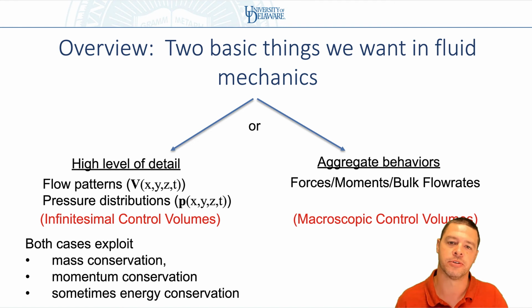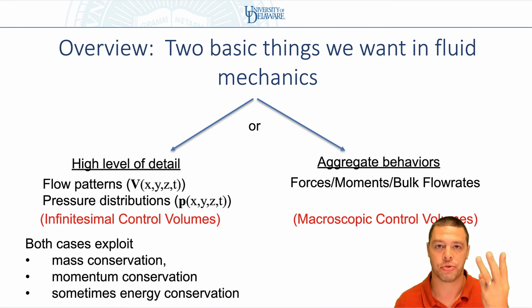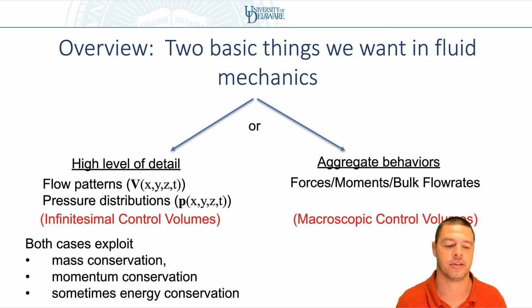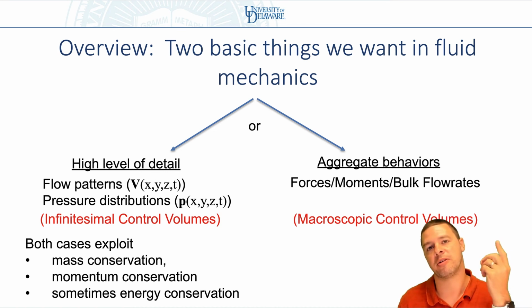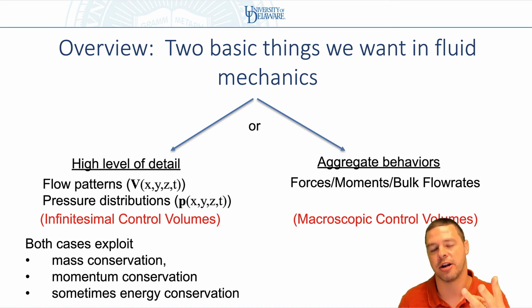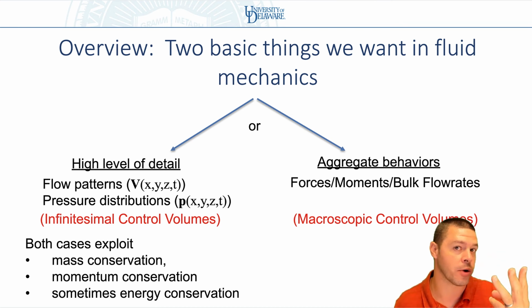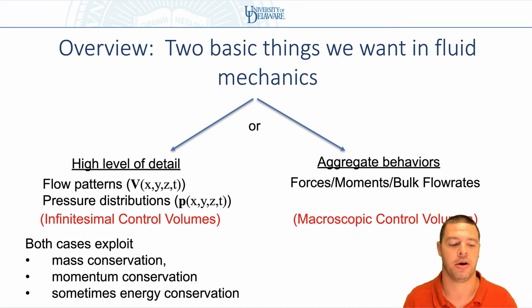So F equals ma is not one equation, it's actually three equations. The same thing ends up happening in fluid mechanics. I wouldn't call it F equals ma, I'd mostly refer to it as momentum conservation. But there's momentum in the x direction, momentum in the y direction, momentum in the z direction. And so we'll apply conservation of momentum to get three equations of motion.